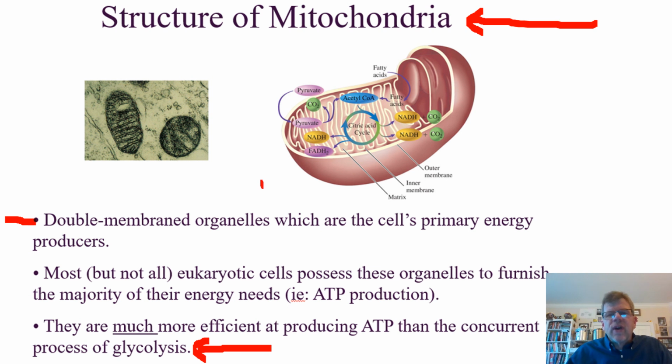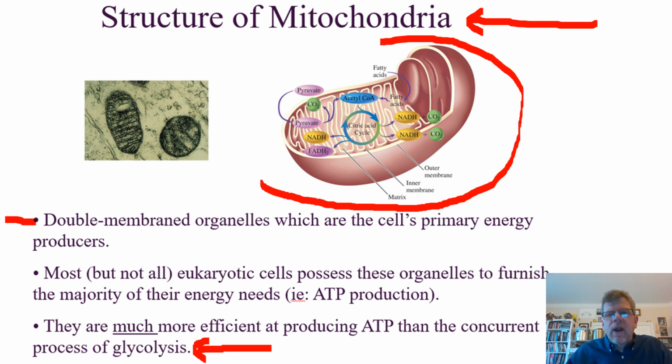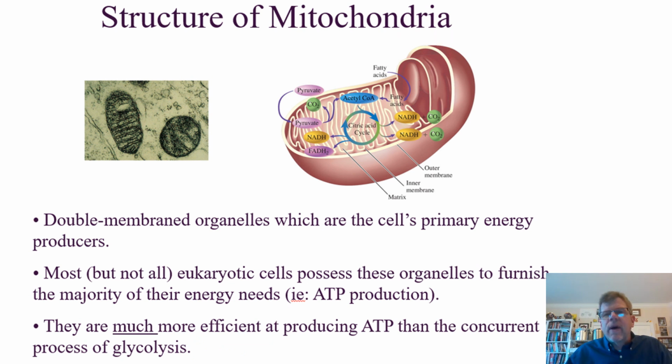When we look at the structure of a mitochondrion, where the energy production pathway known as the citric acid cycle happens, we notice an interesting structural feature. There are two membranes in a mitochondrion. There's the outer membrane, but the inner membrane is very, very folded. It's highly folded upon itself. The more folded it is, the higher the surface area on that inner membrane, and that's going to become important.